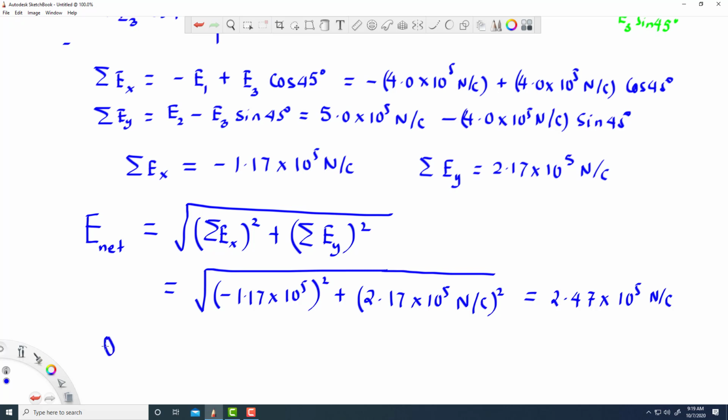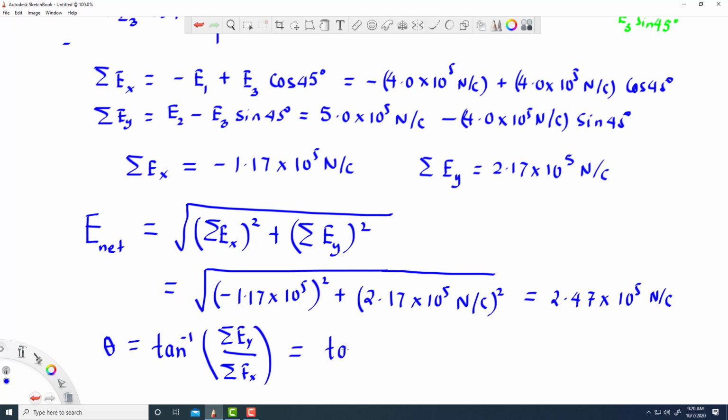An angle is given by, you guys did this in physics 1 also. Whenever you are adding 2 vectors or 3 vectors, eventually you find the angle for the net force or net something. That's given by tan inverse of y component over x component.